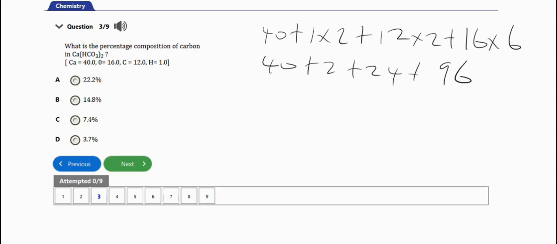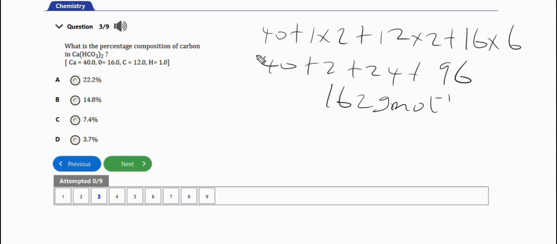Let's add this together. 96 plus 24 is 120. 120 plus 40 is 160. 160 plus 2 gives 162. So this gives us 162 grams per mole.